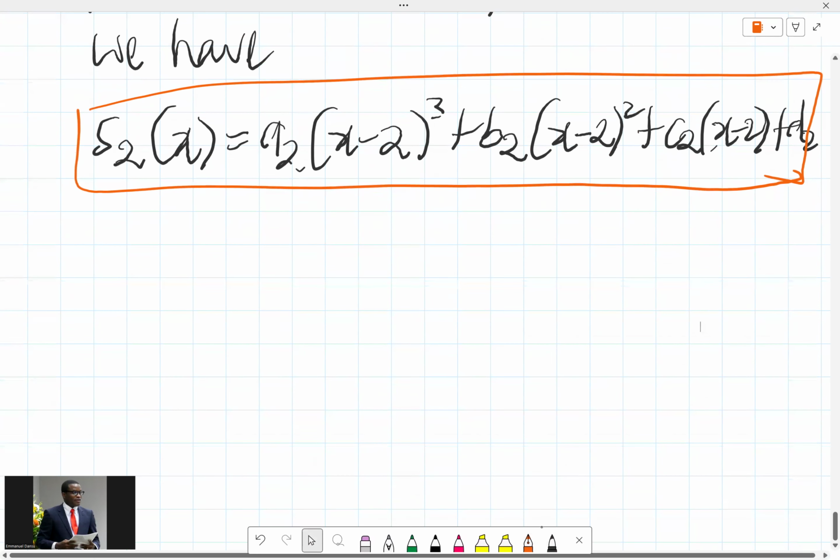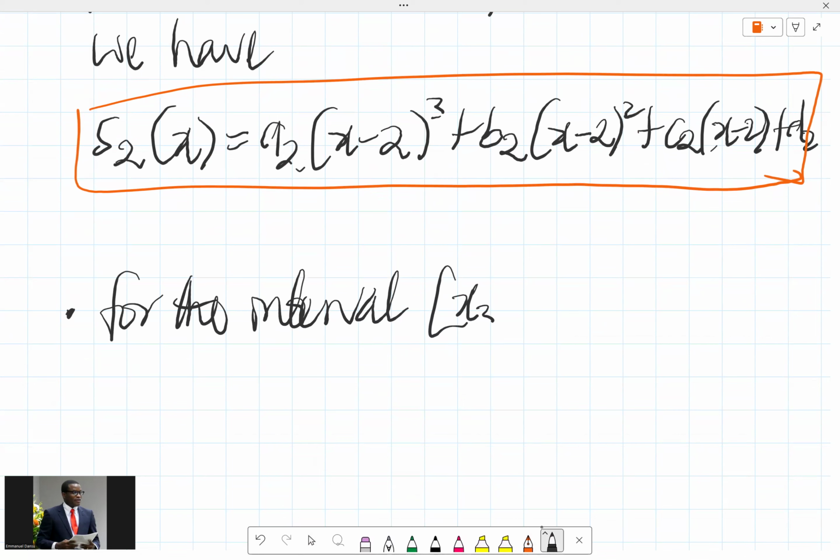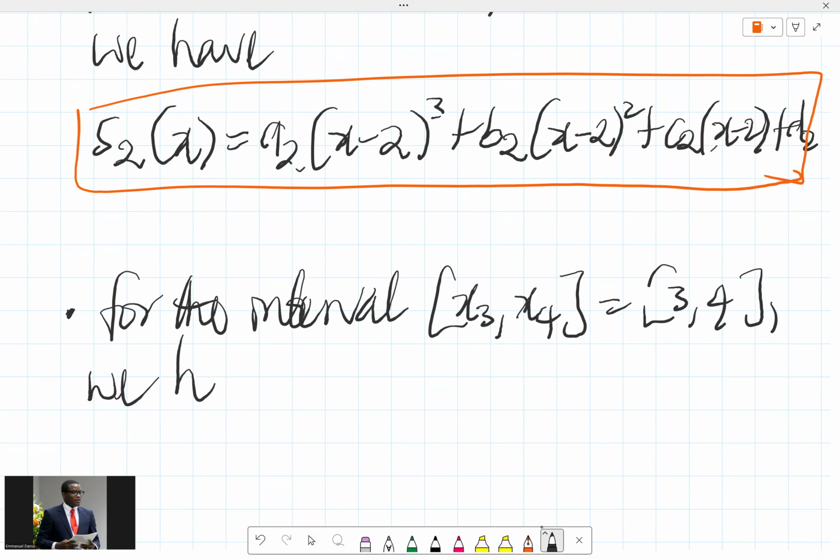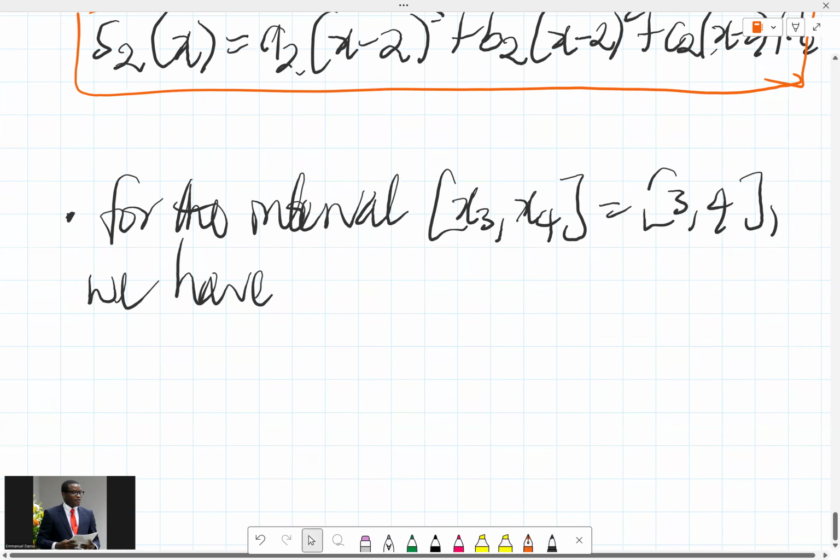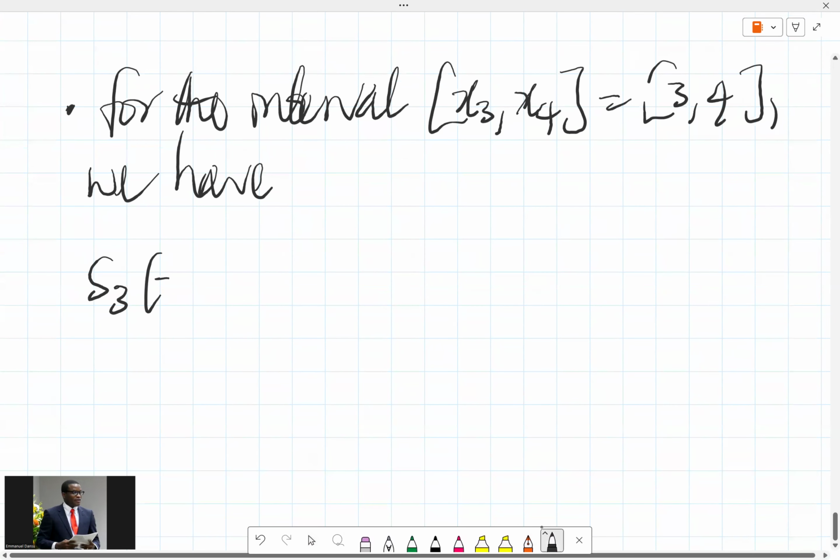Now for the interval x3, x4, which is 3 comma 4, our x3 is 3. It's not 3 because we are talking about the third point; x3 could have been anything else, just like x2 may not have been 2. Interestingly here x1, x2, x3 are 1, 2, 3, but it doesn't always have to be like that.